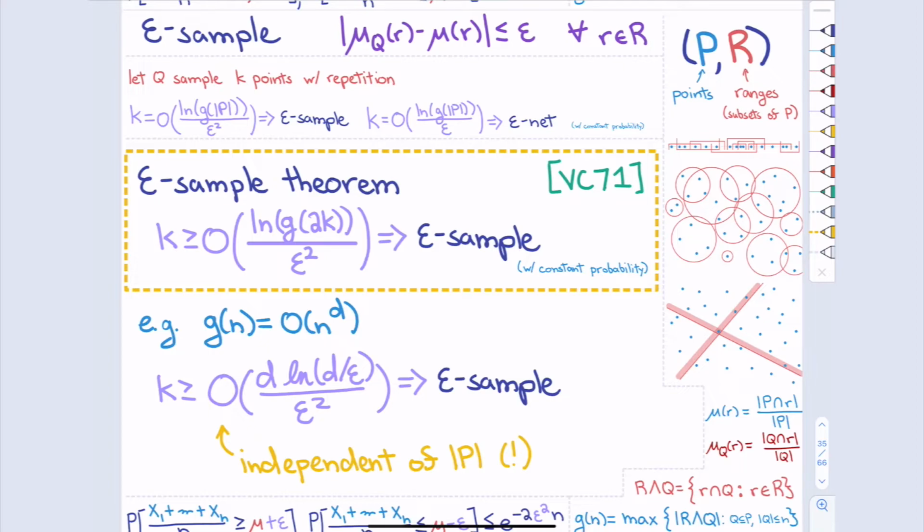For disks, you could have a gazillion points. But disks have growth n cubed. d is 3. So it's really saying you only need 1 over epsilon squared points. For any particular error, you only need a constant number of points to preserve everything up to an epsilon fraction, or epsilon error. That's like insane, right? It has nothing to do with how many points are in the input set.